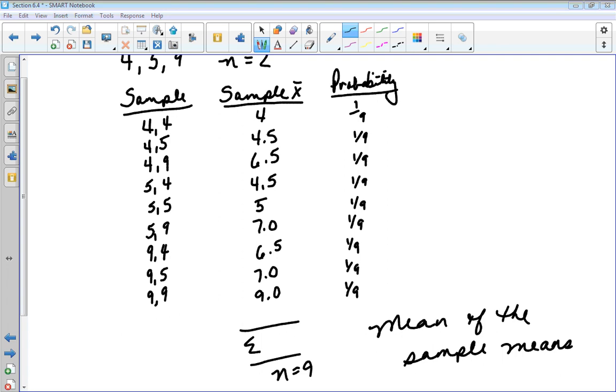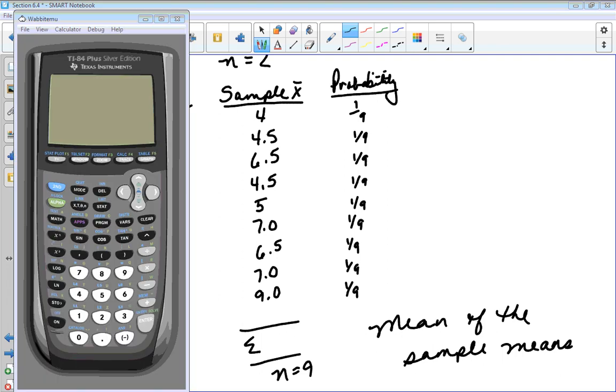It is being finicky. Okay, so we could simply add them all up and divide by 9, or we can also use our list. We can edit our list. I can go in and put, whoops, not 44, 4 would be a little bit better there. Just add these to my list.